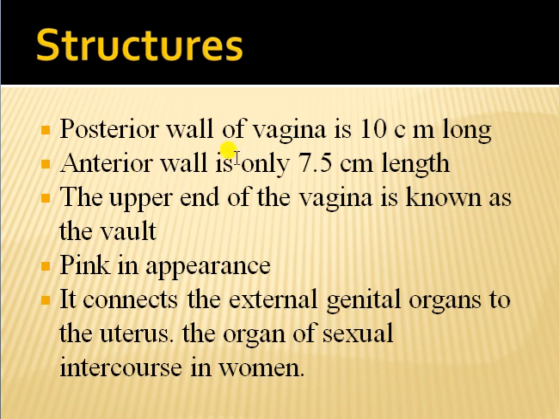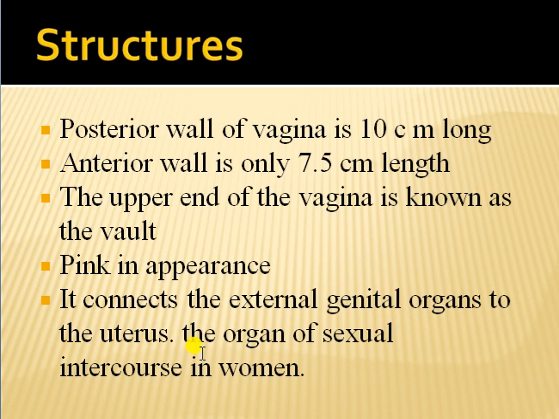The posterior is 10 centimeters and the anterior is 7.5 centimeters in length. The upper end of the vagina is known as the vault, pink in appearance. It connects the external genital organ to the uterus.